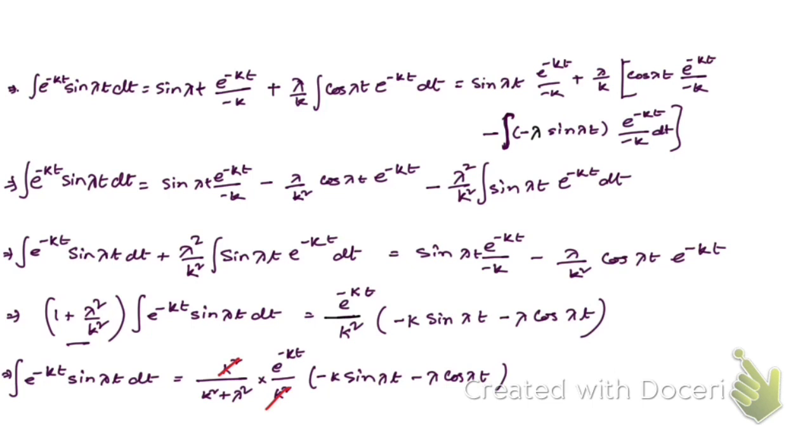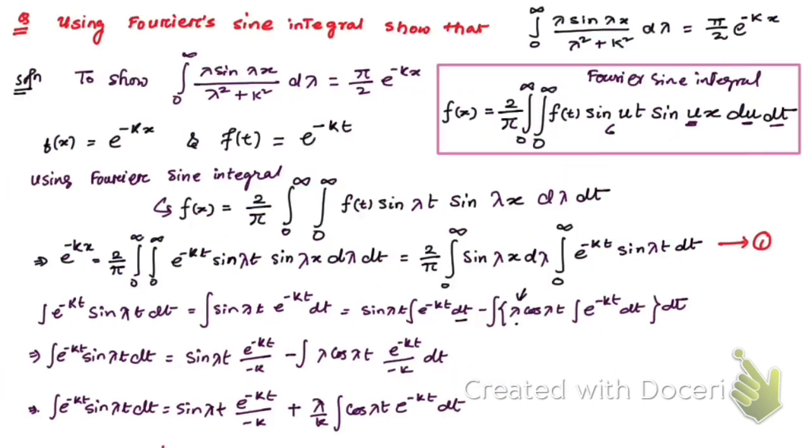But here you see, let me go back to the previous slide. What we need here is the value of this, so we need the integration of this from 0 to infinity. Let us evaluate that value. We have evaluated the integration of e to the power minus kt sine lambda t dt.